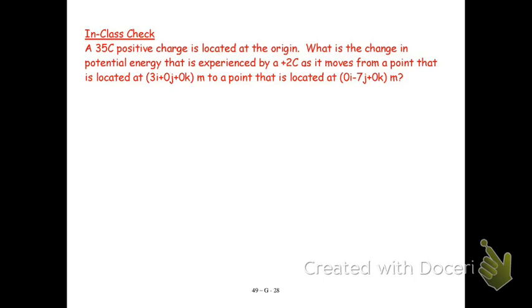A 35 Coulomb charge is located at the origin. What is the change in potential energy experienced by a 2 Coulomb positive charge that moves from point 3 to point 7?